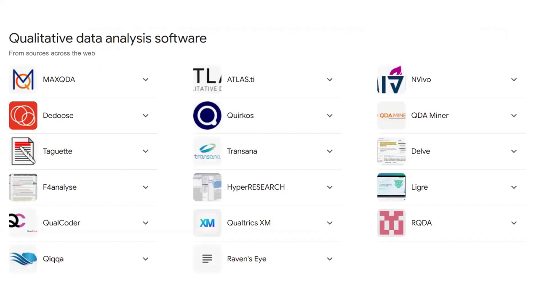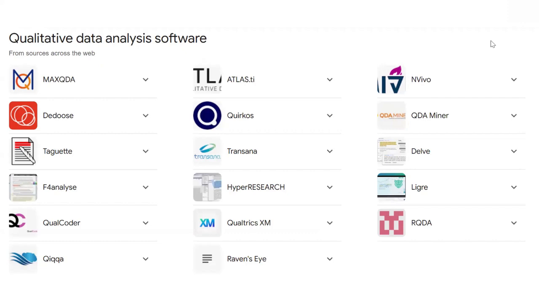Now, having said software's crap, having said that I personally don't like software, what I want to emphasize is there is a good assortment of excellent qualitative data analysis software and AI out there. And this is an example of the ones that are currently well used.